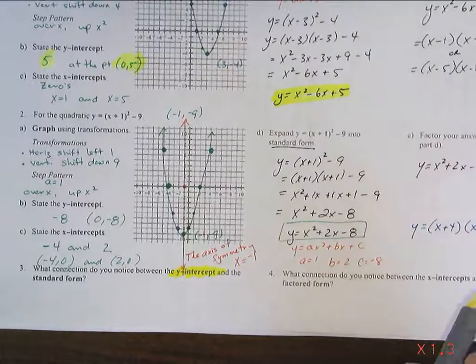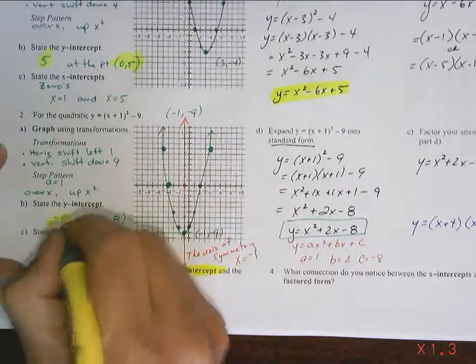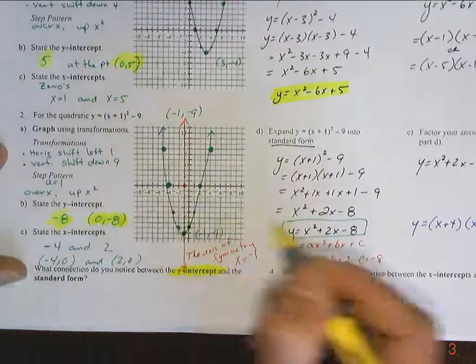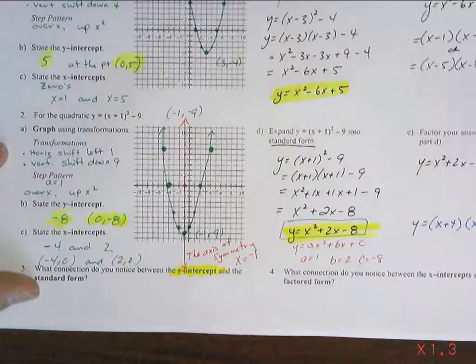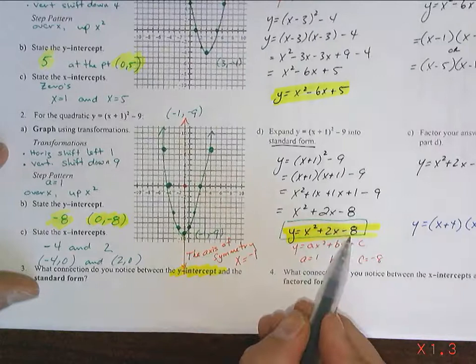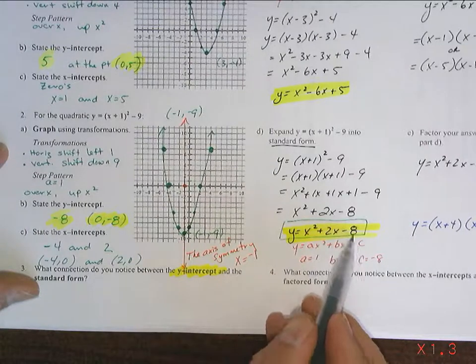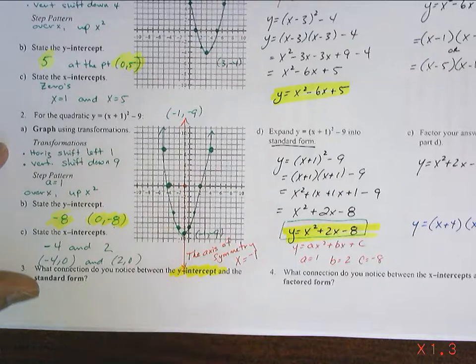Any ideas? It'll be the same thing about this and this. Do you see it? The c value in standard form is the y-intercept. Okay? So standard form shows you the y-intercept really nicely.